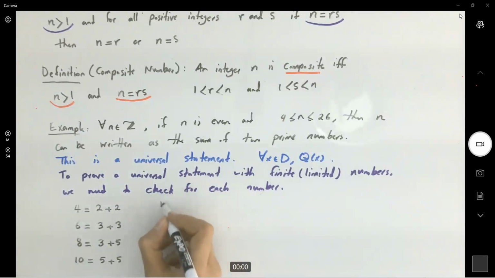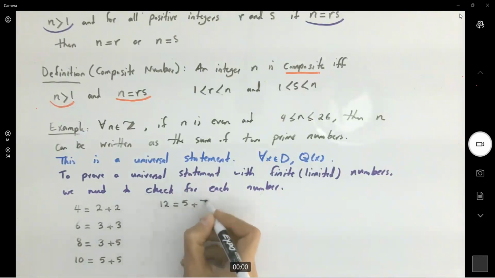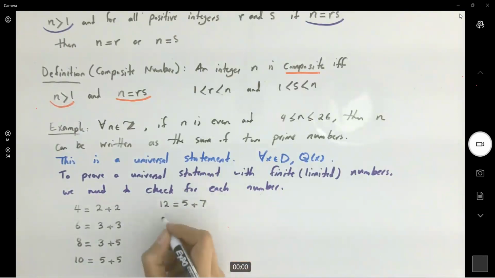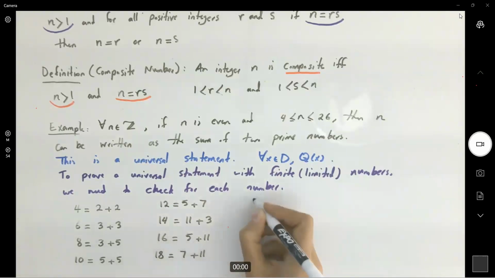What else? 12. 12 can be written as 5 plus 7. What else do we have? We have 14, which is 11 plus 3. Then you have 16. 16 can be written as 5 plus 11. What else? 18. 18 is 7 plus 11.